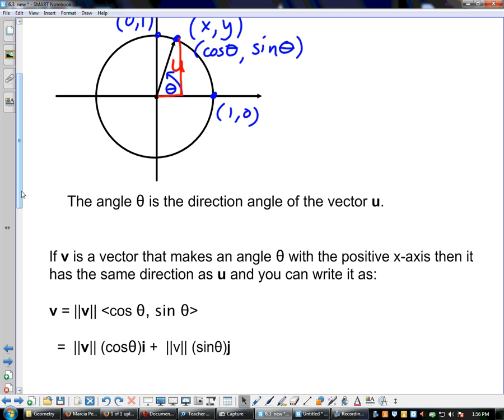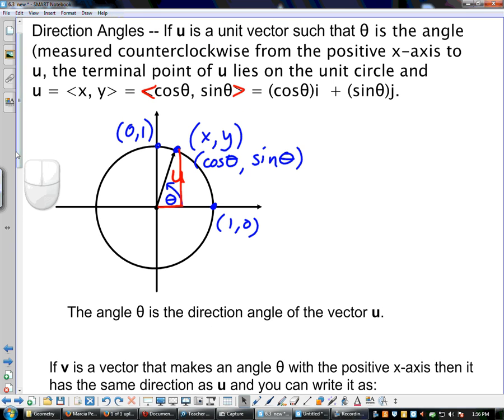We don't have to be an angle that has its terminal point on the unit circle. We could say, I want a vector that looks like this and has its terminal point out here. Well, I can still describe that vector using cosine theta and sine theta.